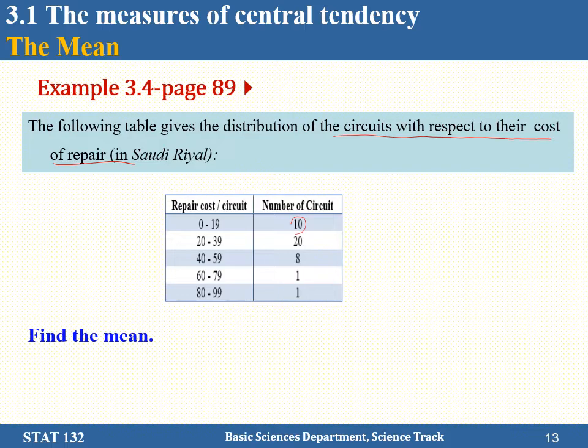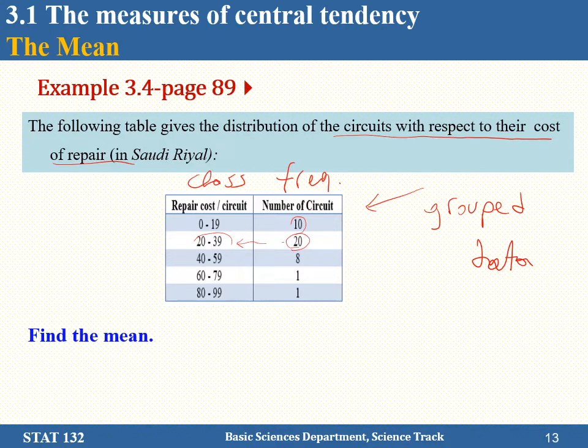And we have 20 circuits whose repair will cost between 20 and 39. Now, this is indeed grouped data, as you see. This is for the frequencies, and this is for the classes here.